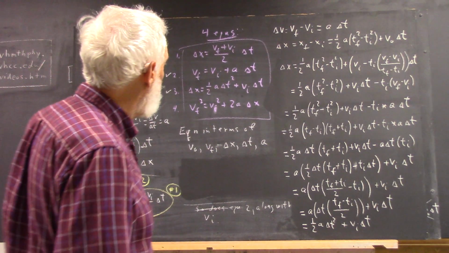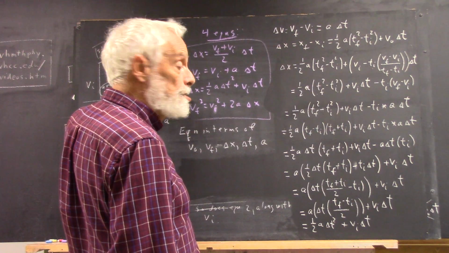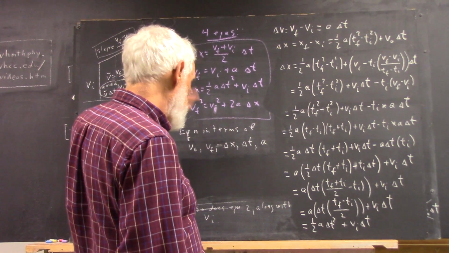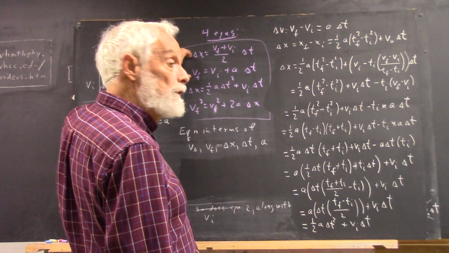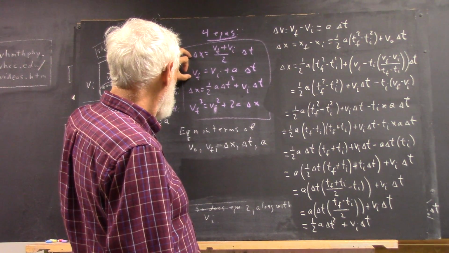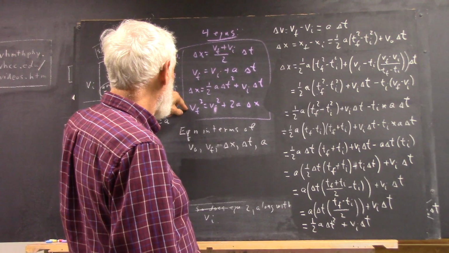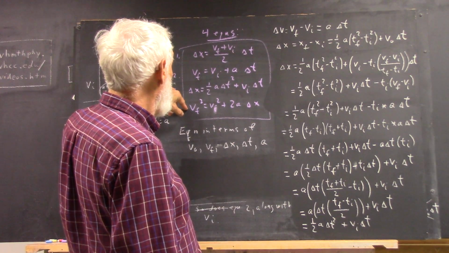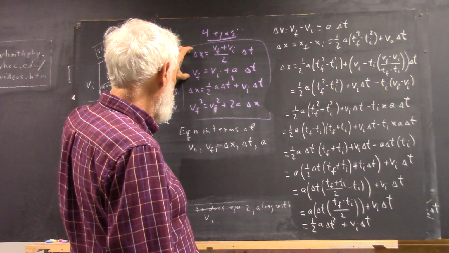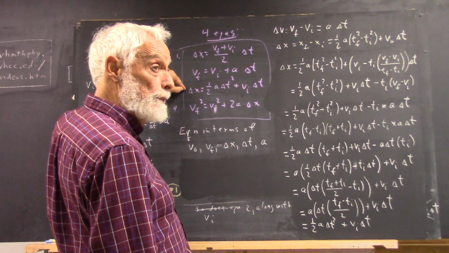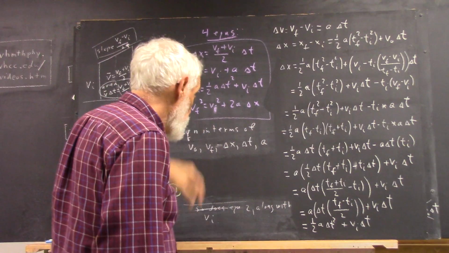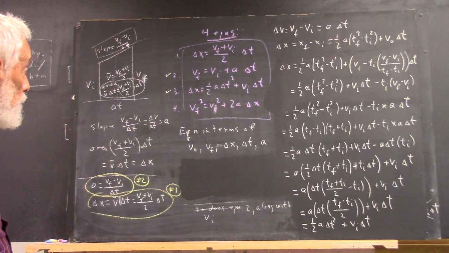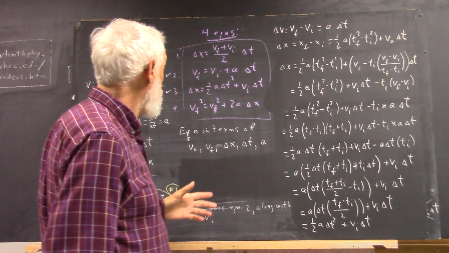Okay. Now, if we have this and this, we can eliminate delta T between these two equations, and we get this equation. And we can eliminate VF between these two equations, and we get this equation. Just simple algebra. So I'm not going to go through the details of that. It's very simple. I'll just point to it.